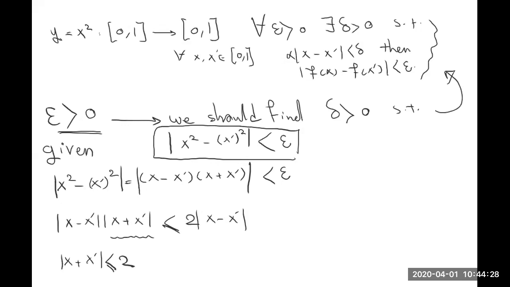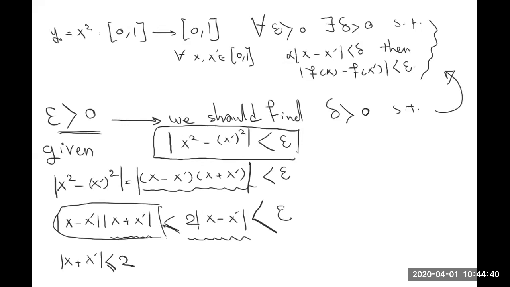Now, I want to make this smaller than epsilon, and it is less than this one. So if I make this one smaller than epsilon, of course, this is going to be smaller than epsilon too. It means x minus x prime has to be smaller than epsilon over 2.